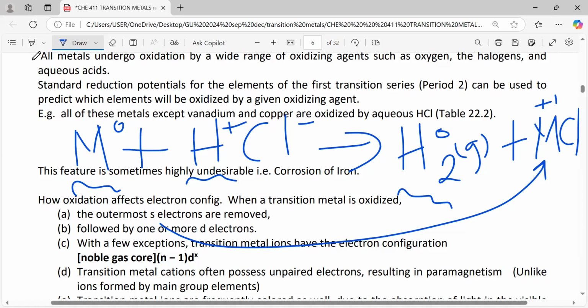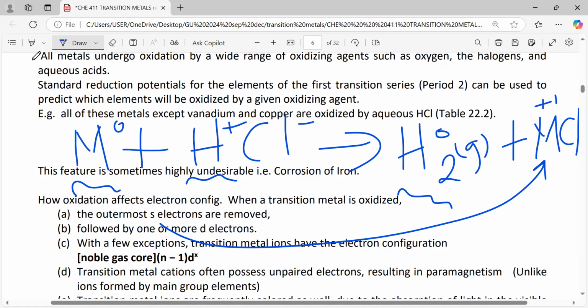So that's what we know about oxidation reduction in form of electron exchange or transfers. So all transition metals except vanadium and copper are oxidized by aqueous HCl. This feature is sometimes undesirable, especially for materials like iron.